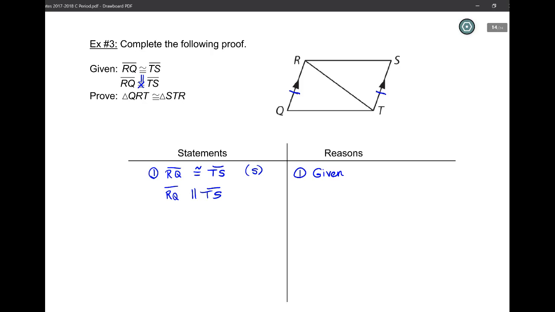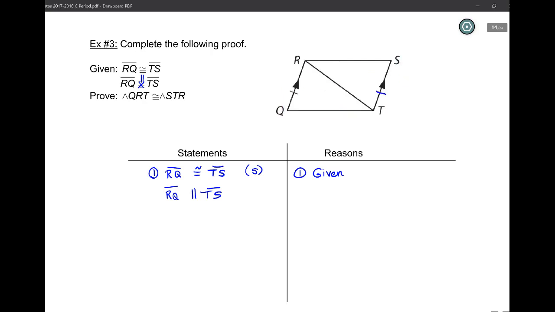If you look at each of these triangles, triangle QRT and STR, notice they overlap. They actually share this side RT.